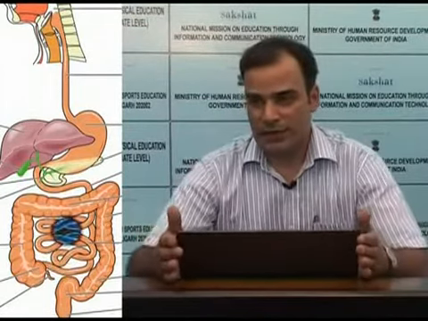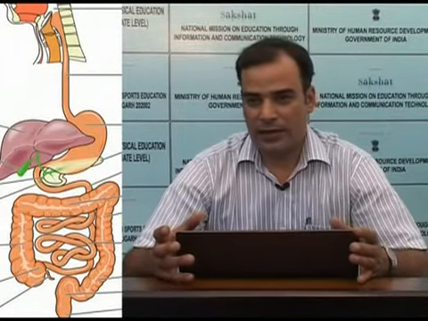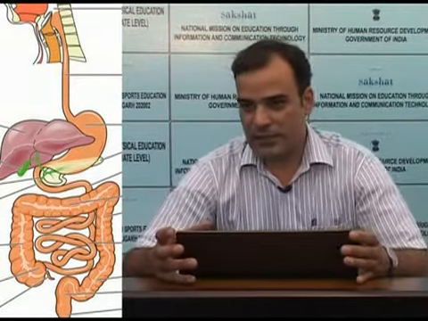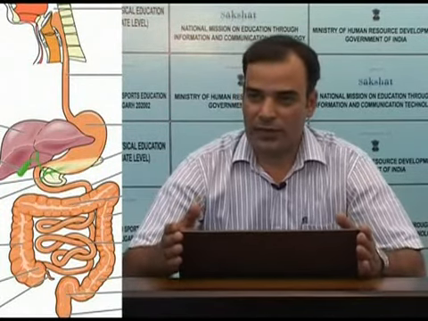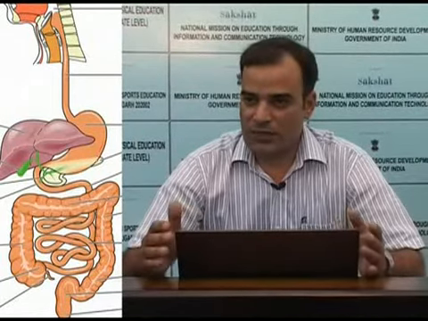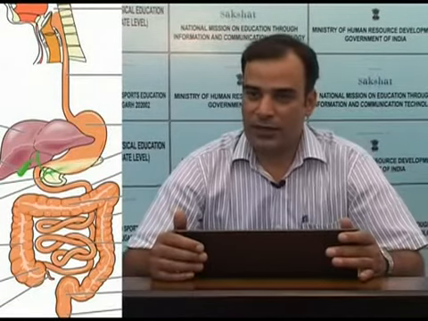After the small intestine starts the large intestine, in which you can see a distended sac, the cecum, then the large intestine going upwards called the ascending colon, the transverse portion of the colon called the transverse colon, then the part that is descending is called the descending colon.